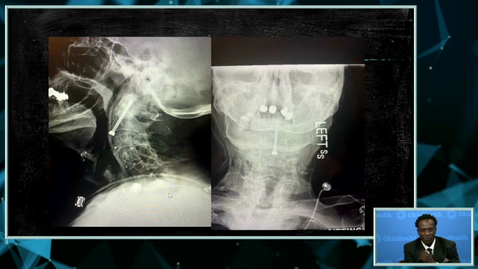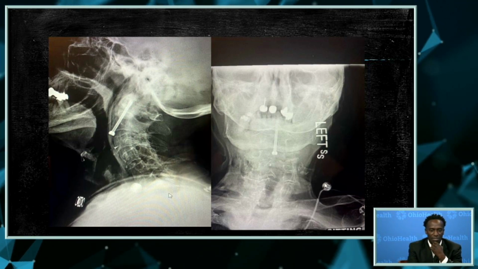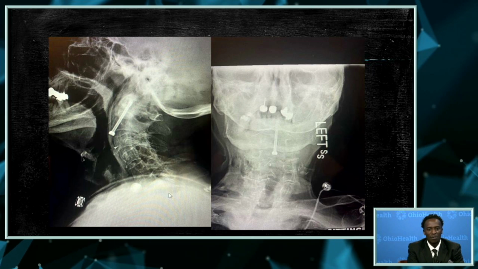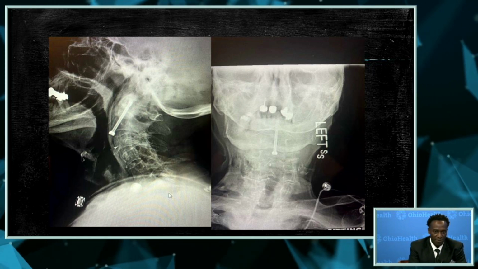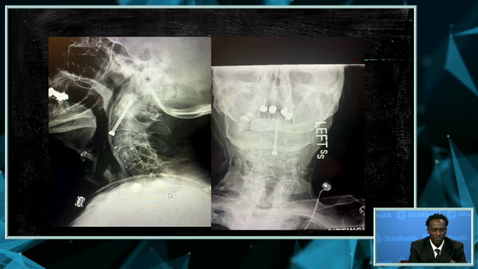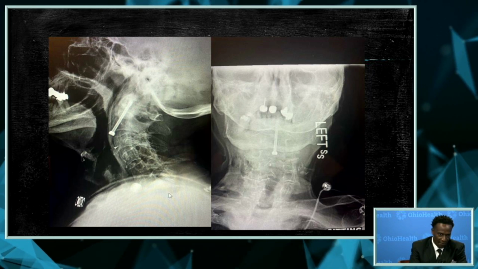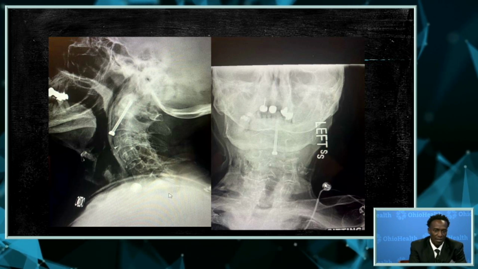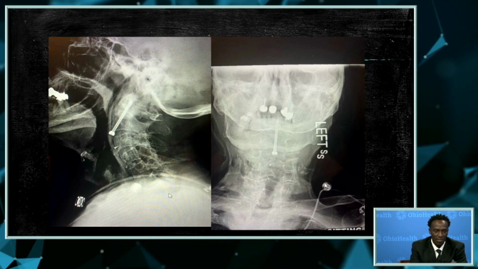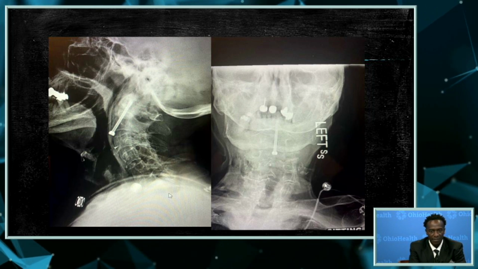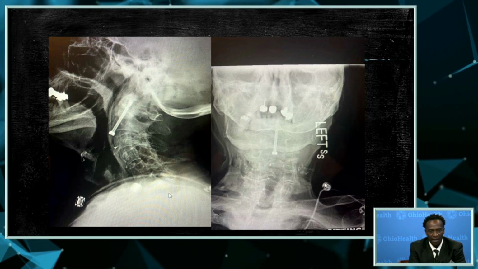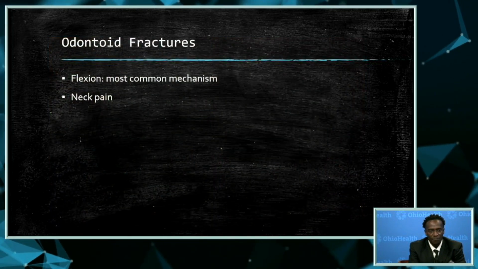If you look at C3, you'll see that I have one of those small CMF screws. That is just used as a reference for the navigation, just to test your accuracy, because that is a very tiny screw. You want to test all your instruments on that just to make sure that everything is accurate. And this is what we have here after screw fixation.